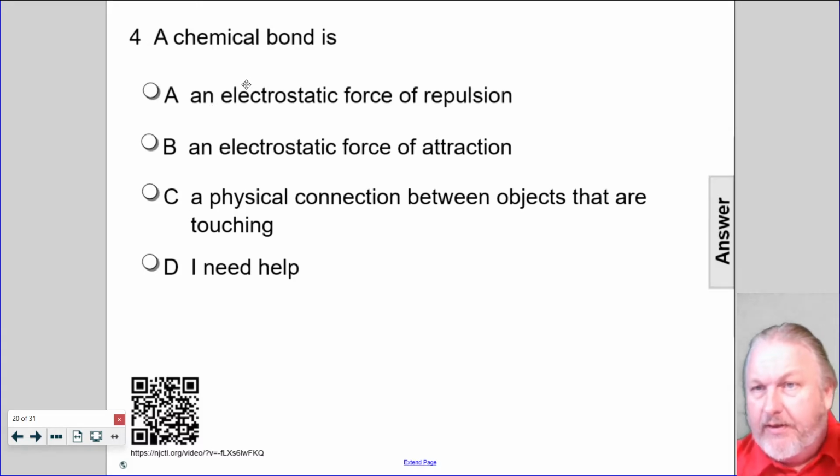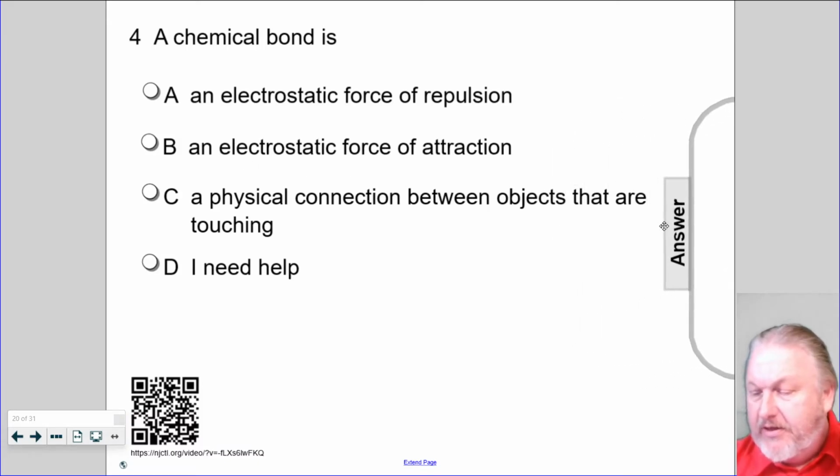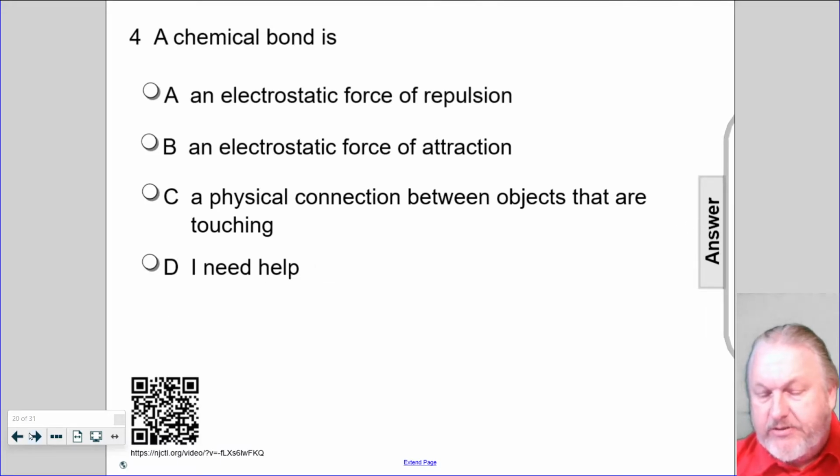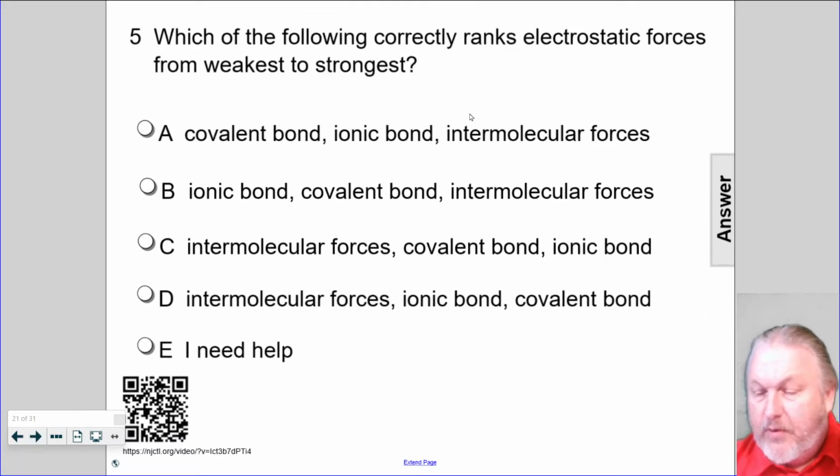So a chemical bond is what? Well, that would be B, because it is an electrostatic force of attraction. Which of the following correctly ranks electrostatic forces from weakest to strongest? Try that for just a second, and I'll tell you.